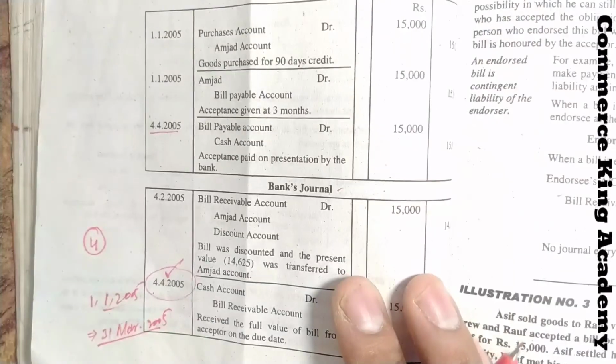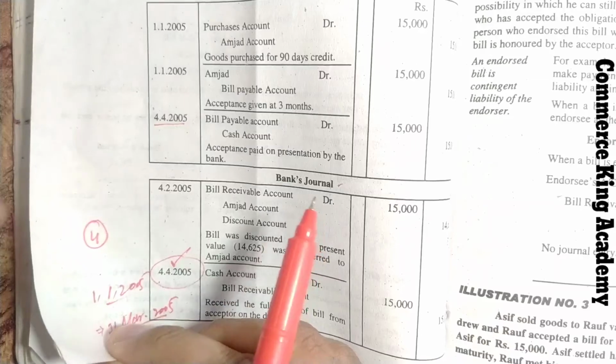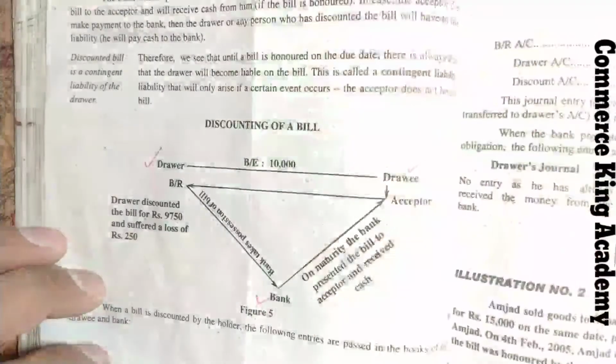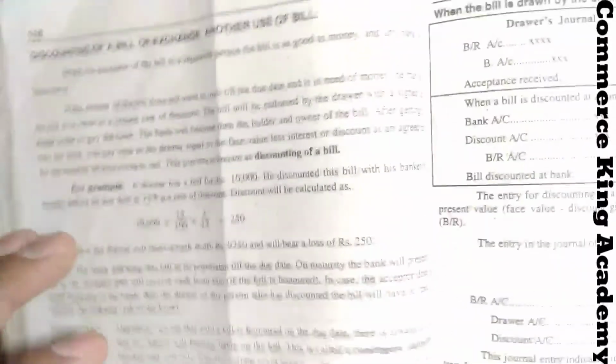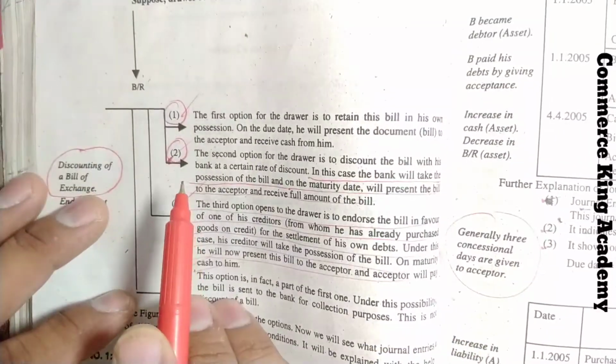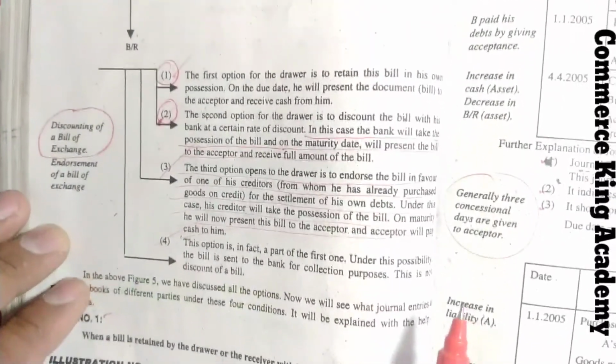Alright? So dear students, we have completed the concept of discounting of bill of exchange. We have discussed in this video the second option for the drawer, which is discounting of bill of exchange.